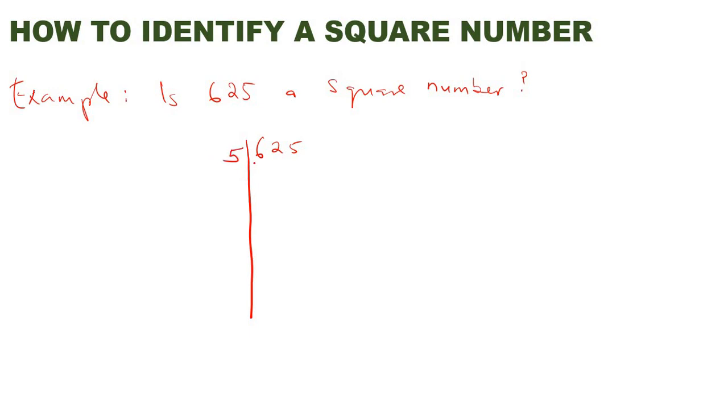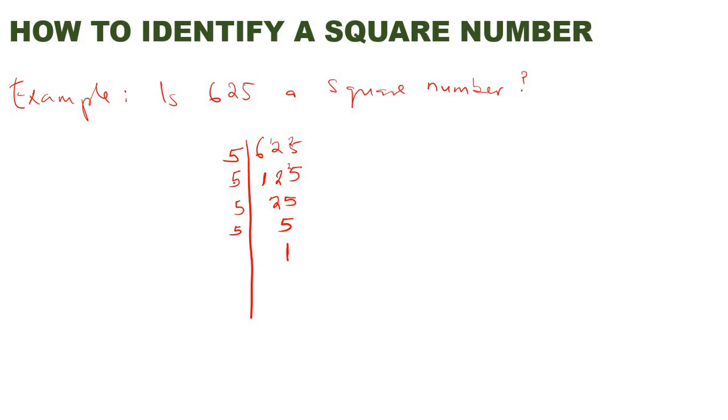That's the first prime number that can divide it. 5 into 6 is 1 remainder 1. 5 into 12 is 2 remainder 2. 5 into 25 gives me 5. 5 again, 5 into 25 is 5. 5 again is 5 now. 5 into itself is 1.